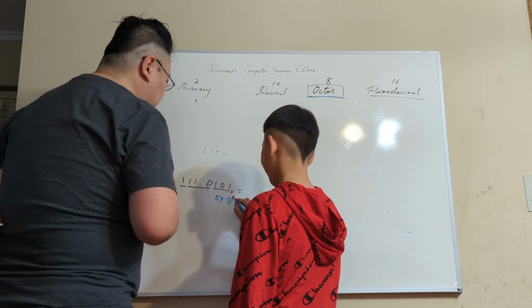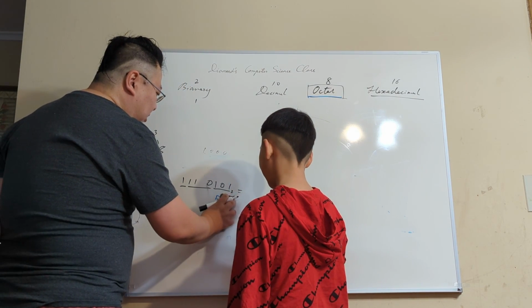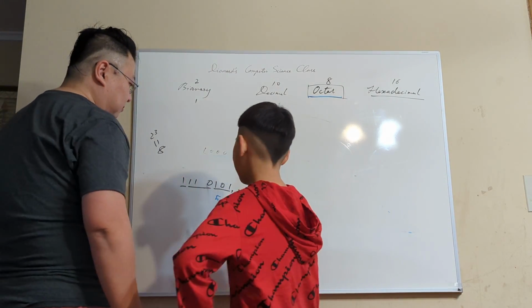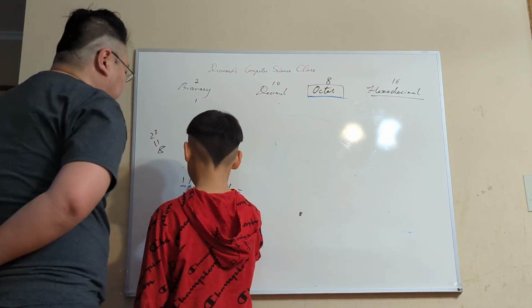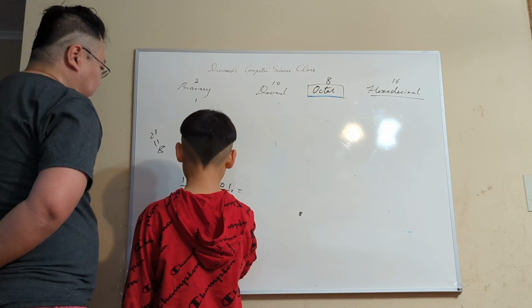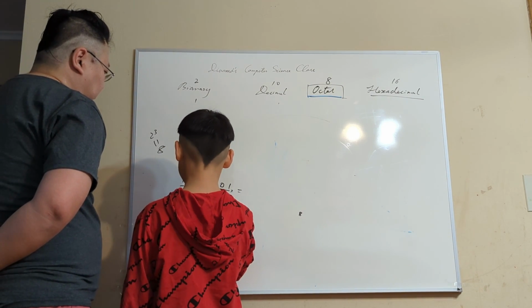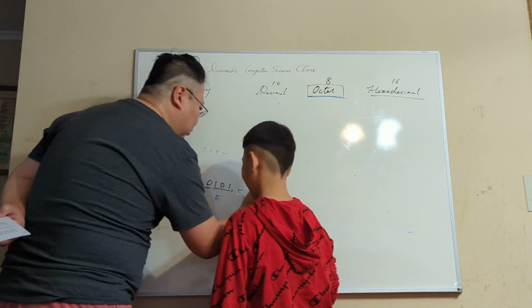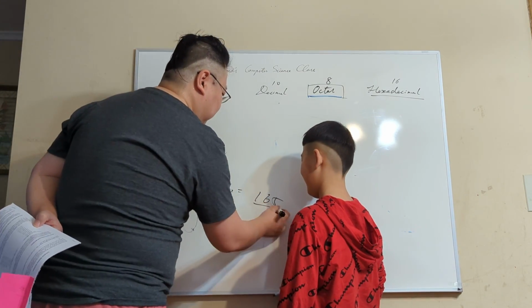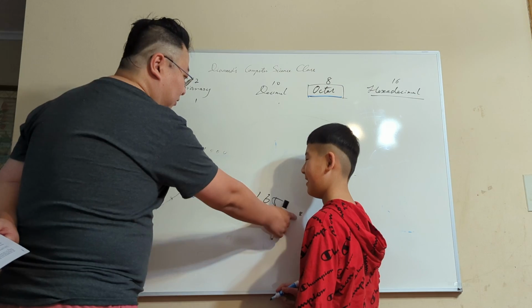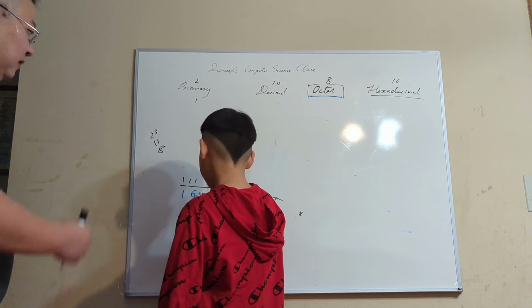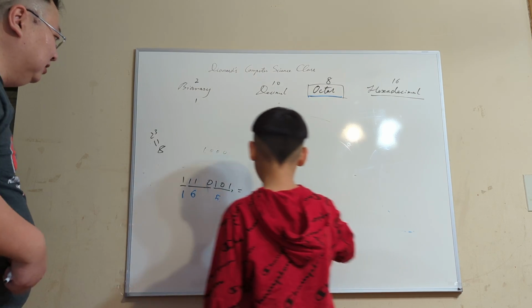You don't care about how many. Okay, so what's this one? This one is 6. Okay, what's this one? 1. So it's 165. 165 in total. So you just count how many of these.